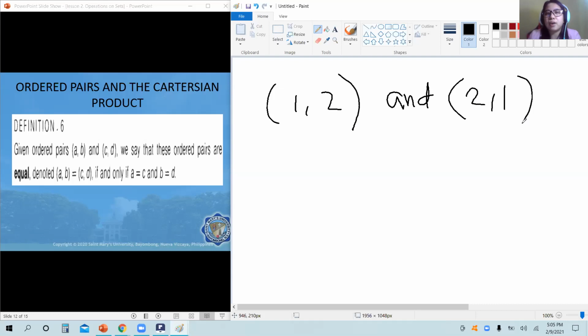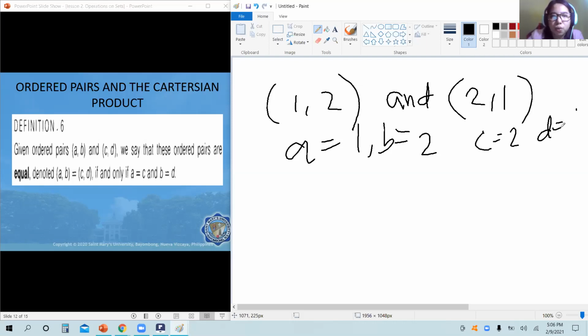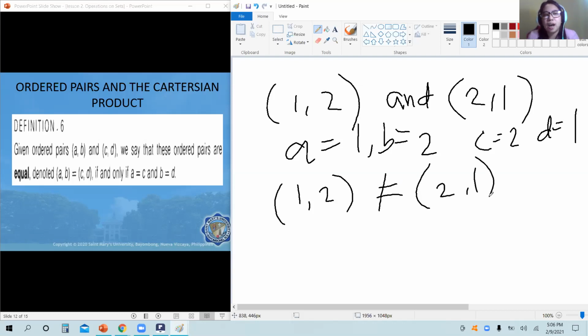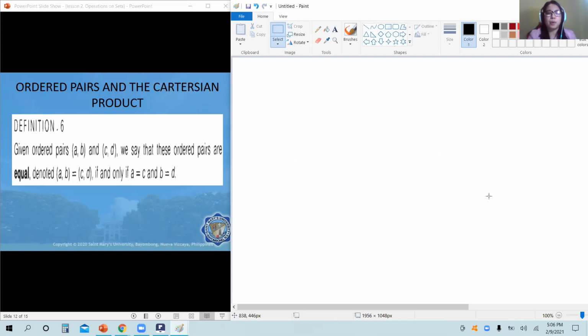Can we say that ordered pair (1, 2) is equal to ordered pair (2, 1)? Based on the definition, the value of a here is 1 and the value of b is 2. The value of c here is 2 and the value of d is 1. Which means (1, 2) is not equal to (2, 1). That is how ordered pairs can be related here. But for sets, even if we interchange the values, we can still say that they are equal.